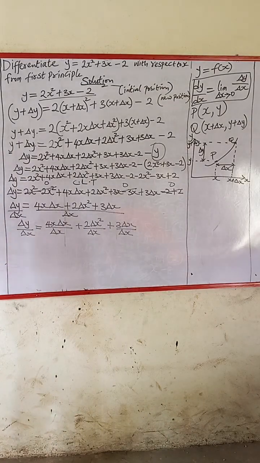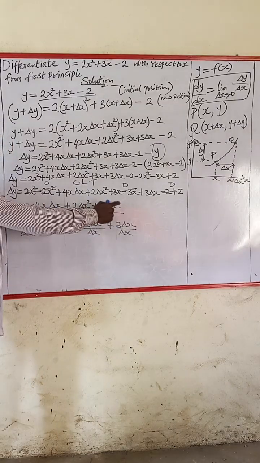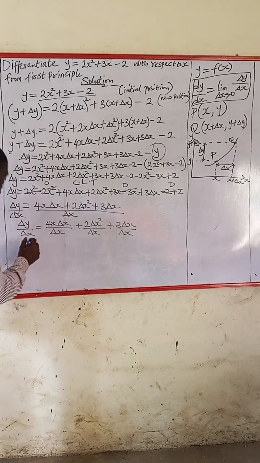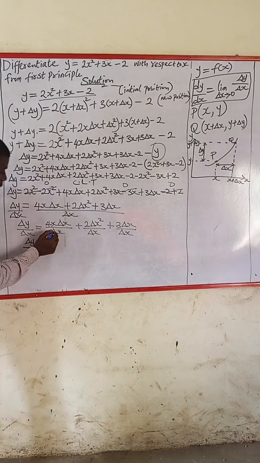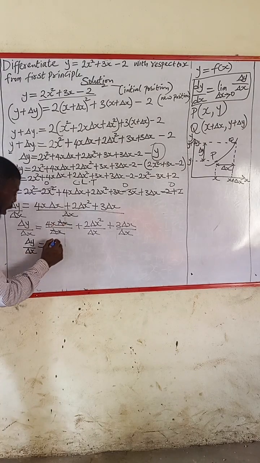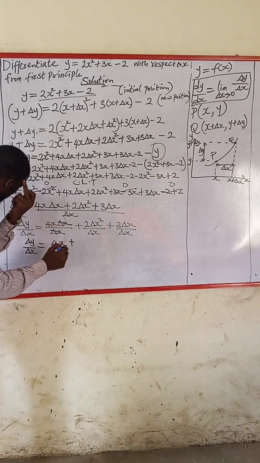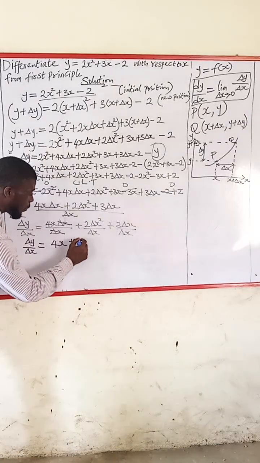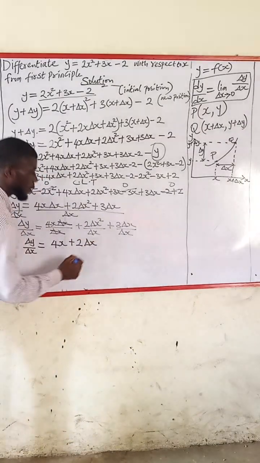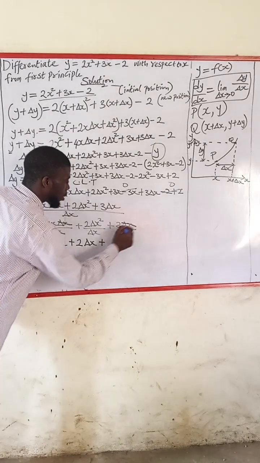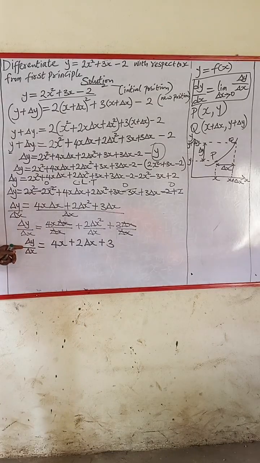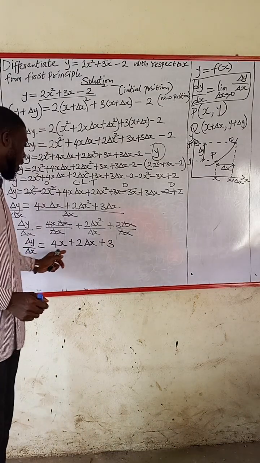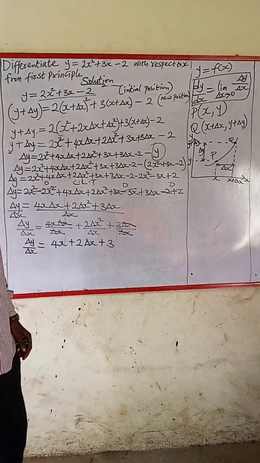We are just using a division rule to say that this changing x is going to divide the individual terms in the numerator. So we'll be left with changing y over changing x is equal to, changing x will cancel one of these changing x, we'll have 4x, plus changing x will divide one of these changing x, we'll have 2 changing x, plus changing x will take out one of these changing x, we'll have plus 3. So changing y over changing x is going to be equal to 4x plus 2 changing x plus 3.